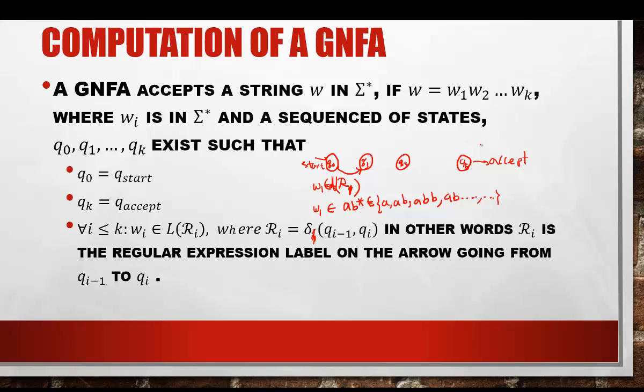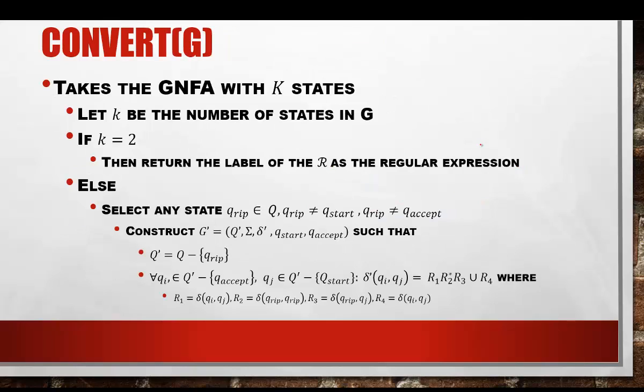So now that we have discussed the idea of GNFAs, what they look like and how they compute, we can return to the proof of Lemma 1.60, the statement that if a language is regular, it is described by a regular expression.